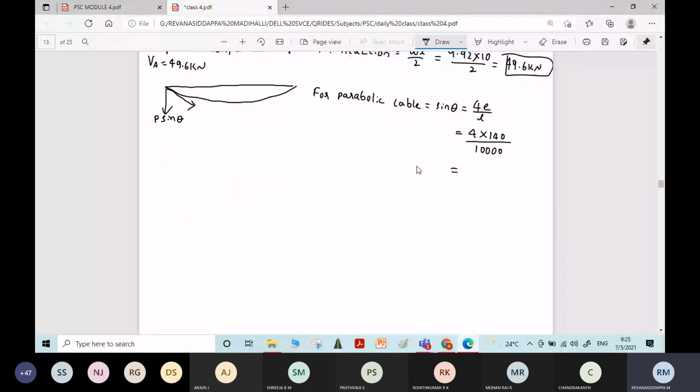So by this you will get the sin theta value as 0.056.